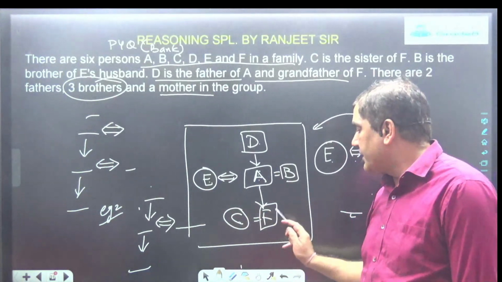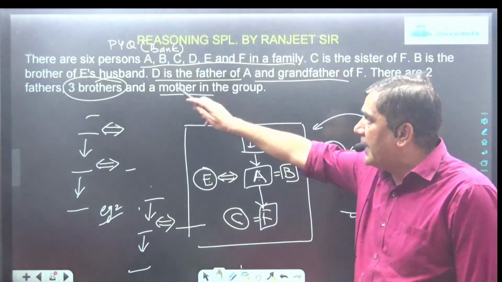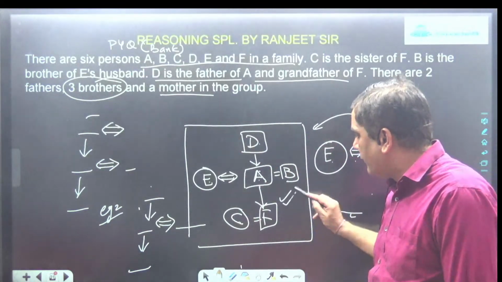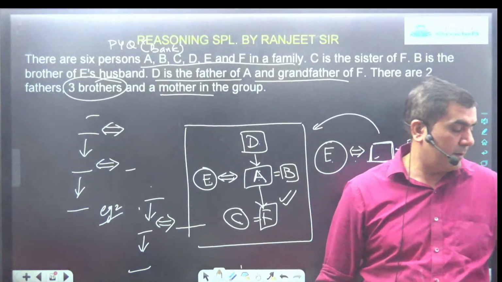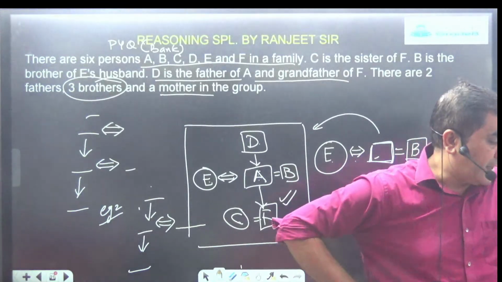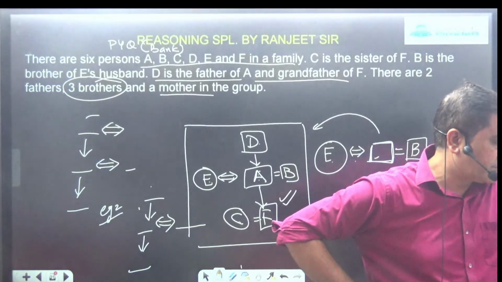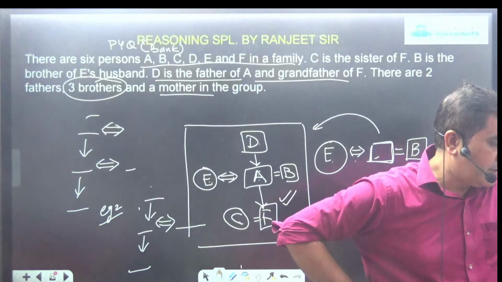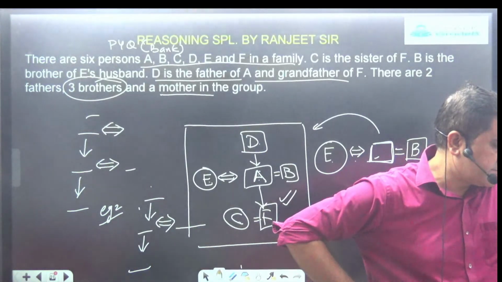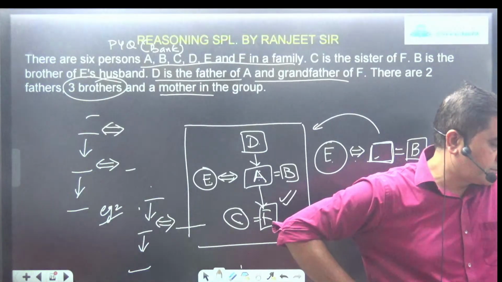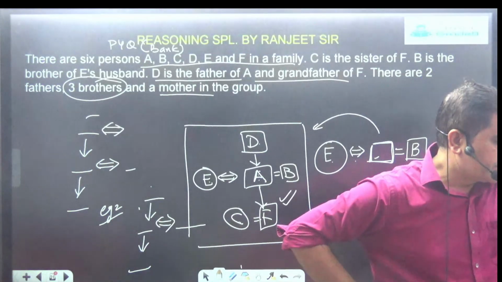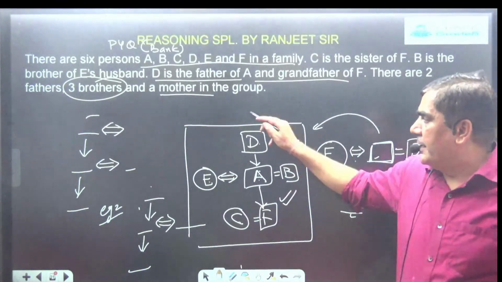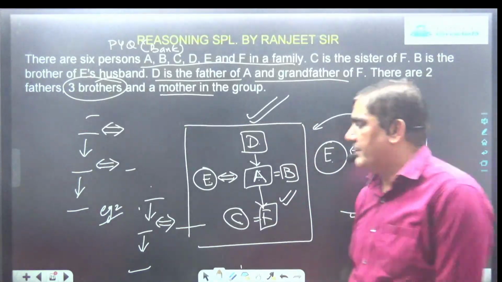So the third brother needs to be F. From the last statement I get to know the gender of F. Clear? So my family tree comes out to be this one. This is my complete family tree.